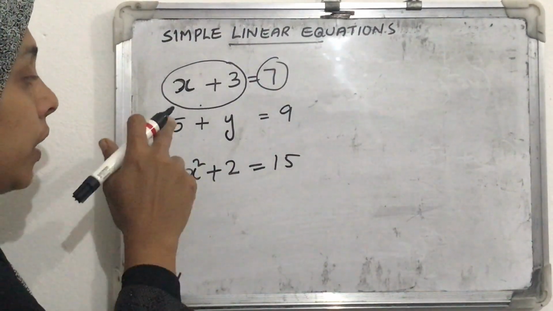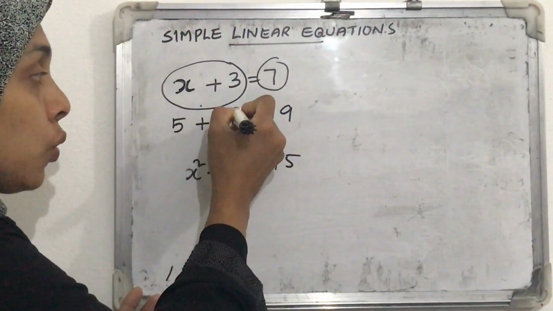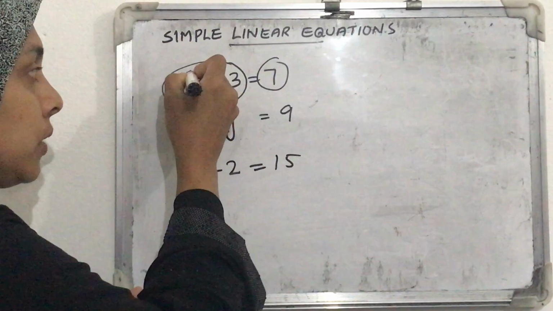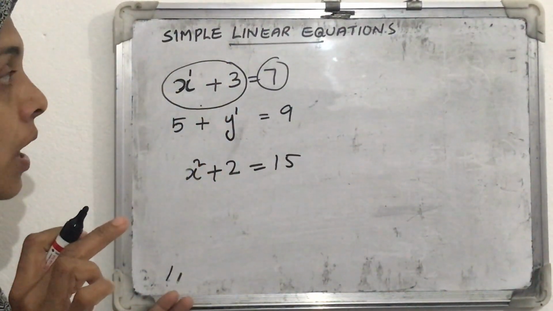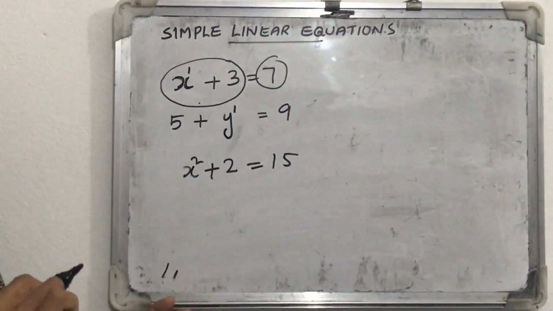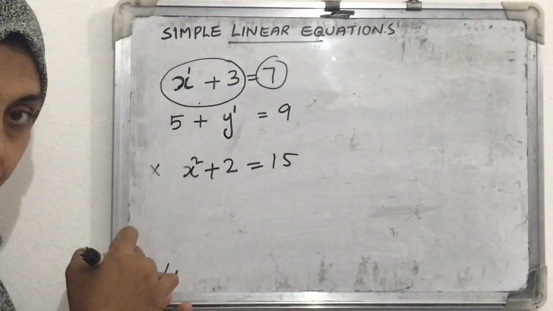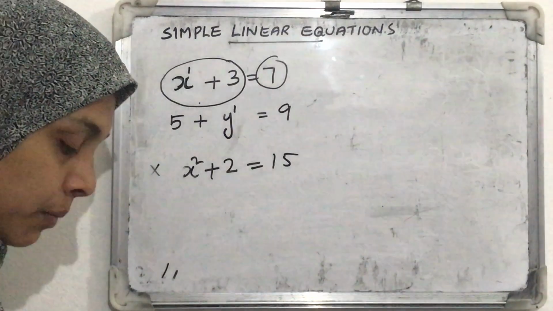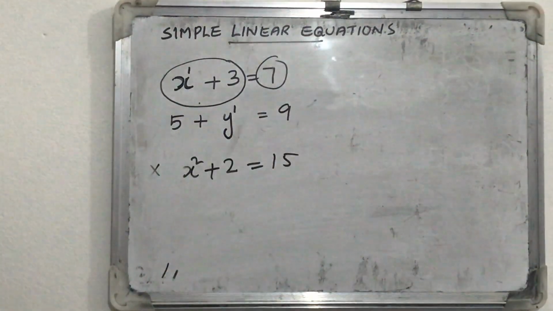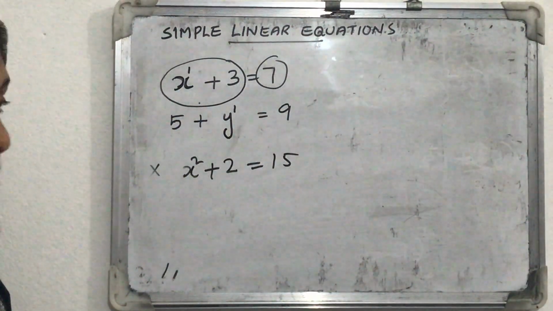So this is not a linear equation. Only if the power of the variable is 1 can we call it a linear equation.